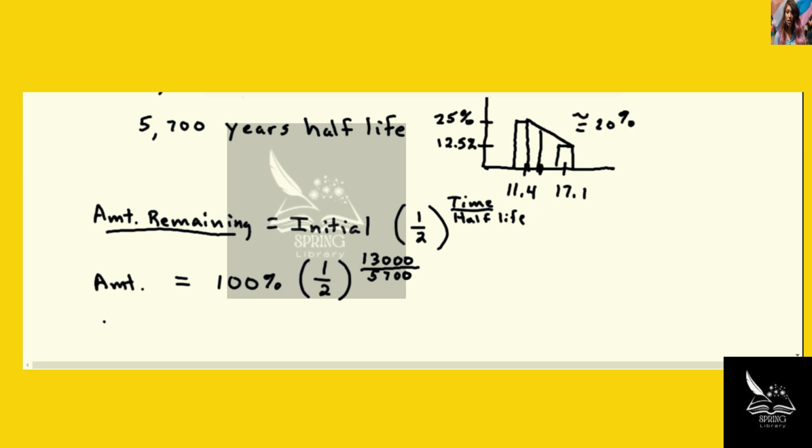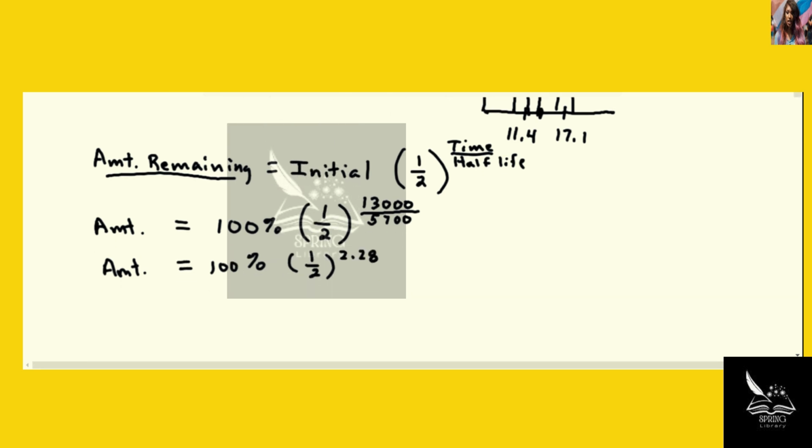All right, so doing a little calculating here. 100% times 1/2 to the 2.28, because 13,000 divided by 5,700 is 2.28. Going ahead and calculating the rest of this, since I'm doing this as percent, I get 20.6.